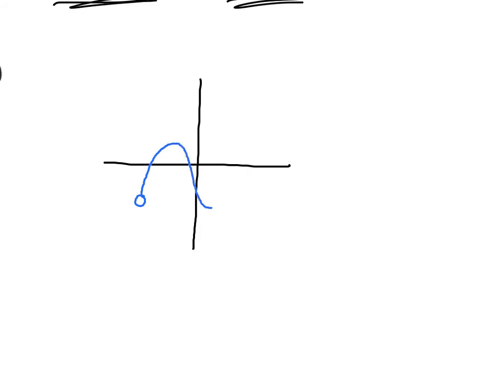Oops, can't go that far, excuse me. So it goes down, goes up, down again, up again, like that. It's a function. Okay, and we know that the coordinates of that open circle is at, let's say, -5, -3.